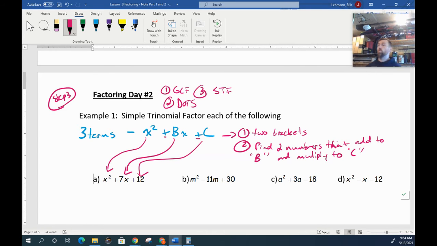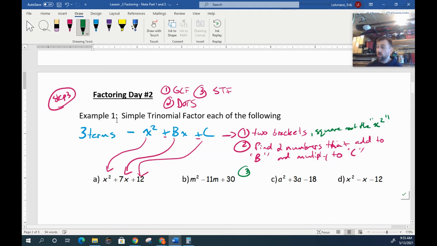So once we've done that, we can factor, and we make 2 brackets, and then we square root the x squared.